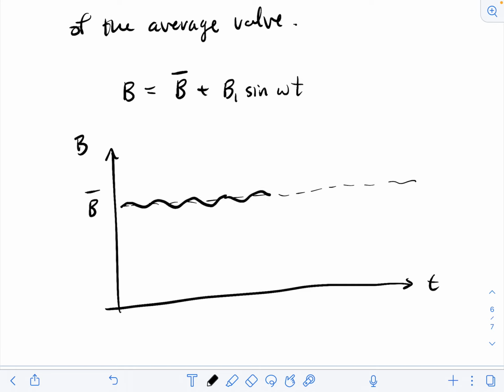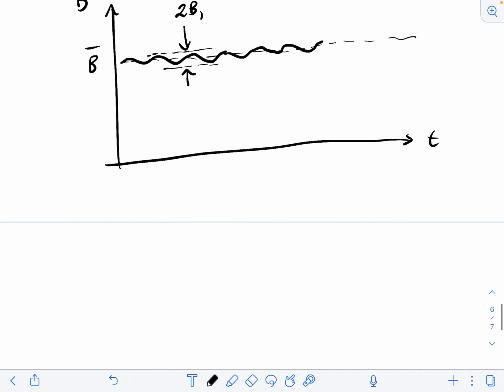The peak to peak range of that AC oscillation is 2 times the amplitude B1. All right. So what will happen is if we oscillate the magnetic field, there'll also be a small oscillation of the observed absorption, and that's what we're going to try to look for using the lock-in detection.